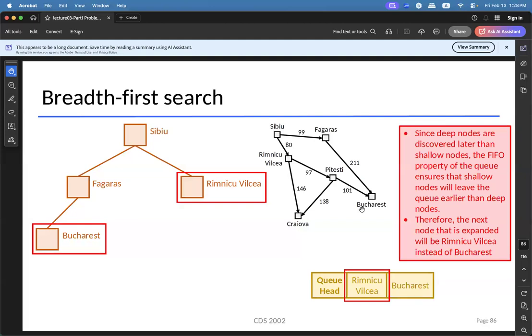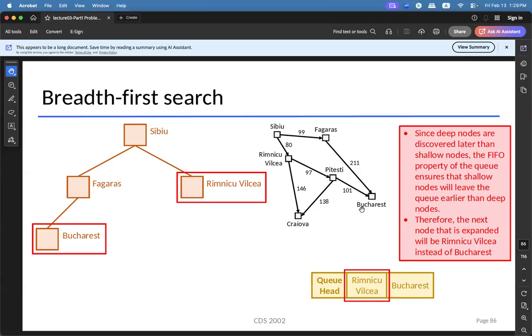The reason why we choose the queue as the fringe for backward search is that backward search tries to prioritize nodes that have a smaller depth. A node that has a smaller depth in the search tree also means that this node appeared earlier in the search tree.